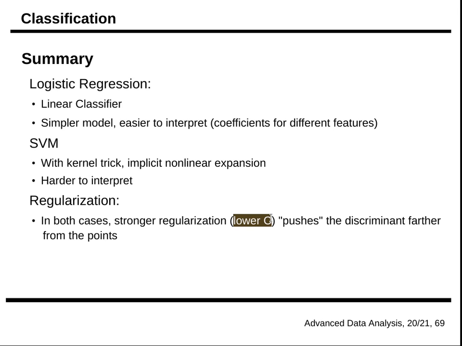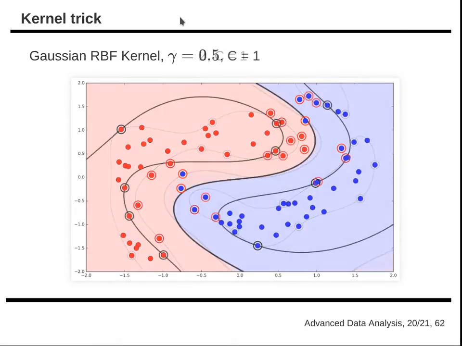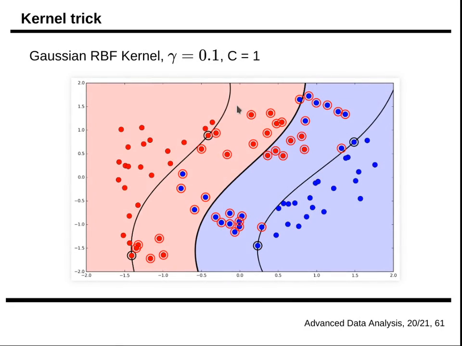If you have a higher value of C, then the discriminant will ignore points that are further away and try just to avoid the points that are close to the frontier. So basically, if you have a high regularization, for example, like this, then the discriminant is trying to get away from points that are farther apart, that penetrate the margin and so on, and it tends to get simpler here.